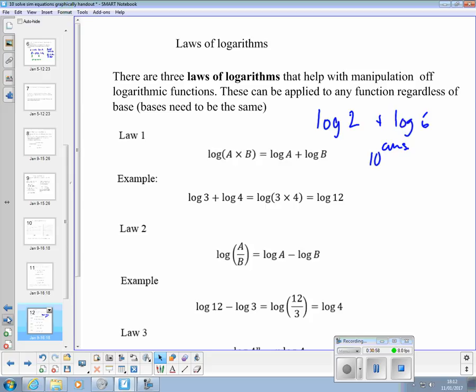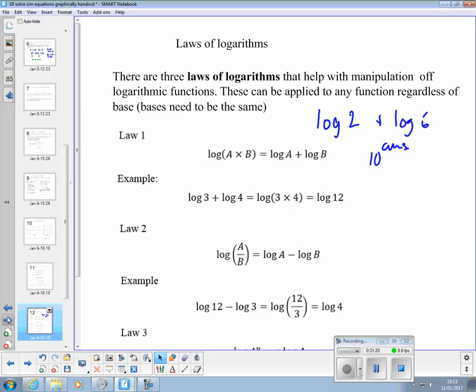We're going to add the two logs together, Harry. And that's the same as multiplying the two numbers together. So what should your answer be? 12. So if you do log 2 plus log 6 equals, and then press shift log of the answer and equals, you should get 12.